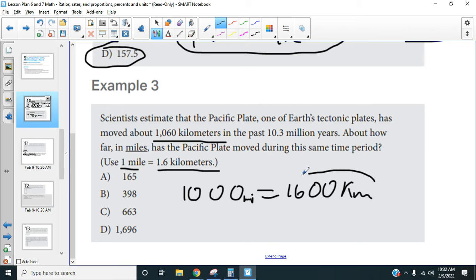Now, 1,600 kilometers is 1,000 miles. What is 1,000 kilometers then? Ignore the 60. Is it halfway, more than halfway, or less than halfway to 1,600? A little bit more than half of that, right? So something a little bit more than half of 1,000 miles.